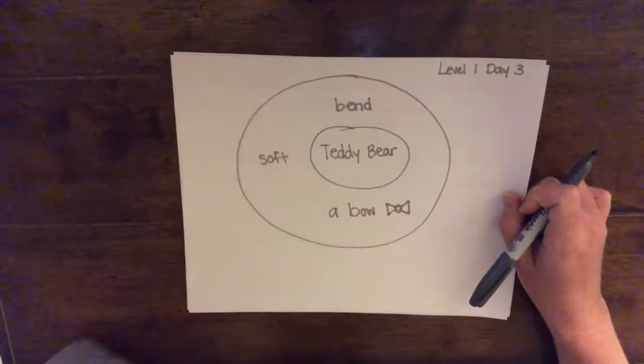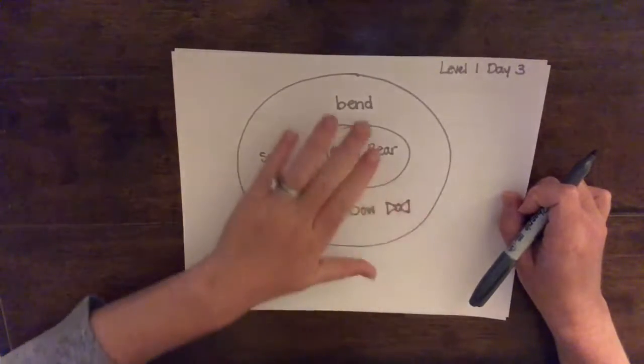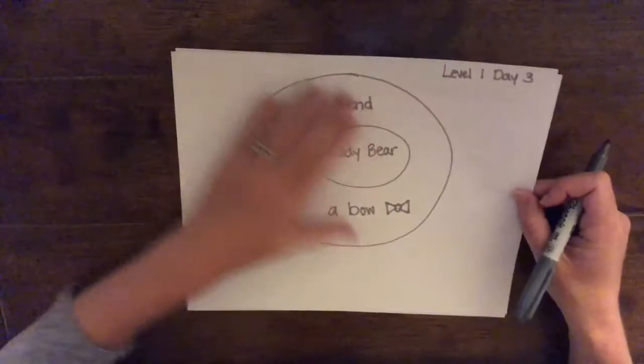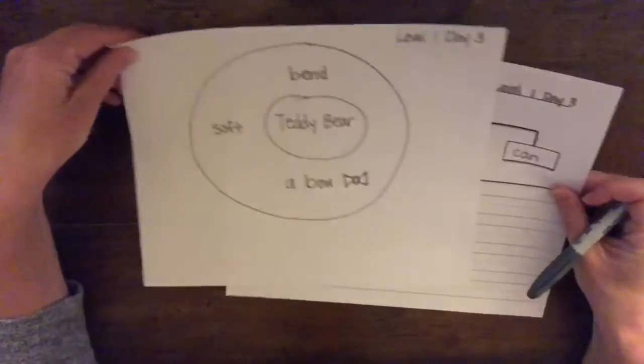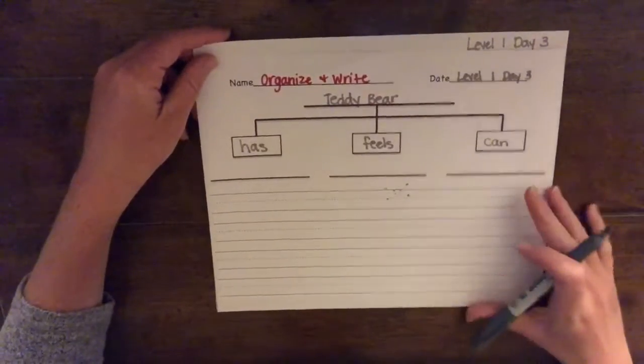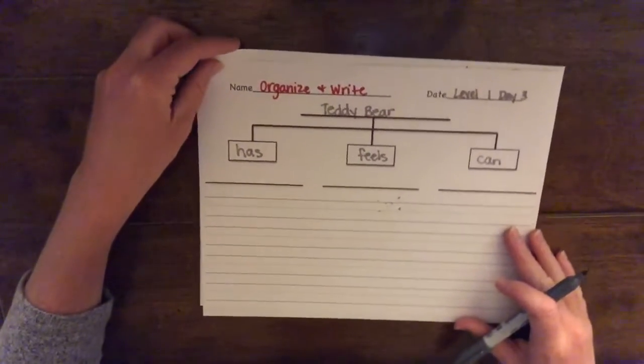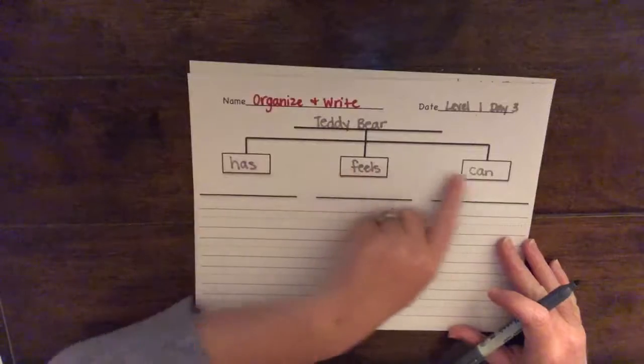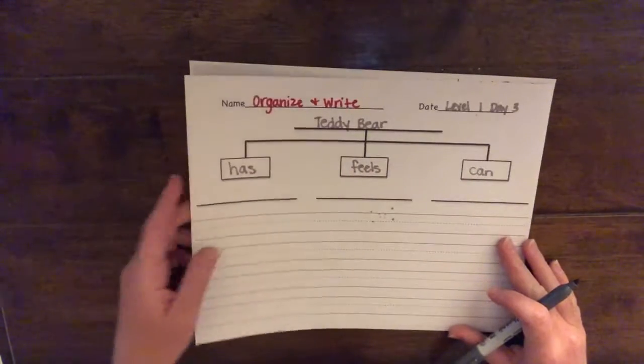And so you'll say, okay, it's your job to now take your ideas from the circle map and then write them onto our tree map. And this is called a starter tree map because it has the subject at the top, the teddy bear, and the 3 connecting words. They're just having to pick at this level 1 which word makes sense.